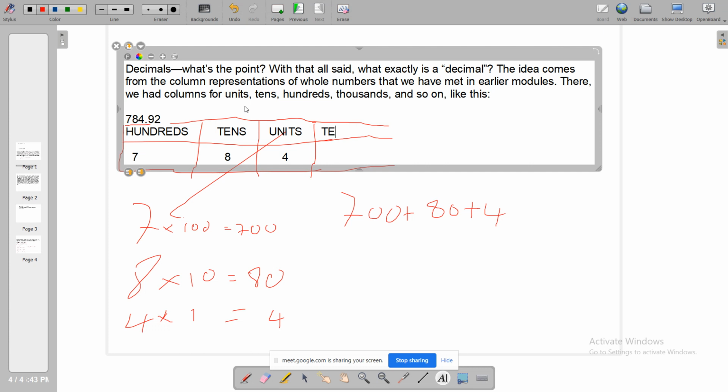After a decimal point we have what? Tenth. After the decimal point we have tenth, and what? Hundredth. So after the decimal point we have what? Hundredth. Okay, so this is what I really want you guys to understand.